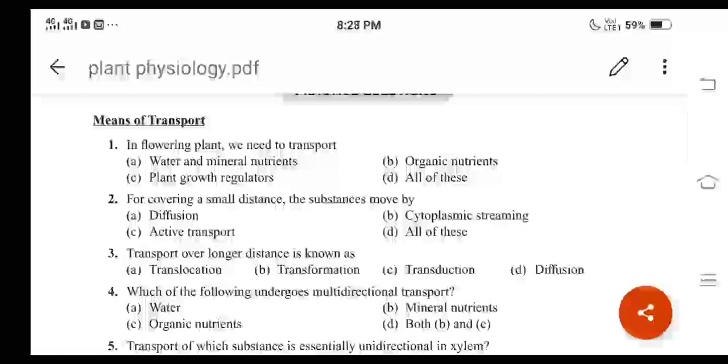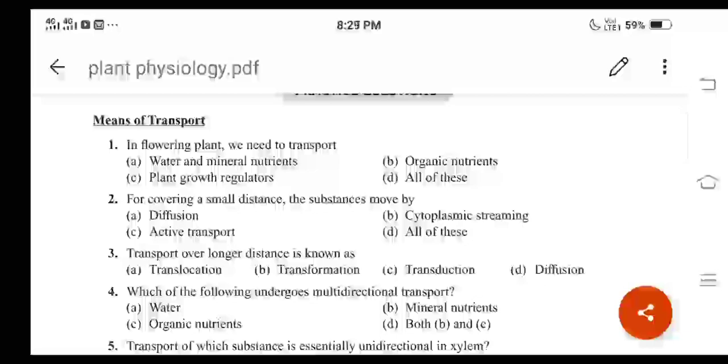So what is the correct answer here? Option D is the correct answer. In flowering plant, we need to transport all these, right? Water and mineral nutrients, organic nutrients, as well as the plant growth regulators or hormones. So option D becomes the correct answer, right?